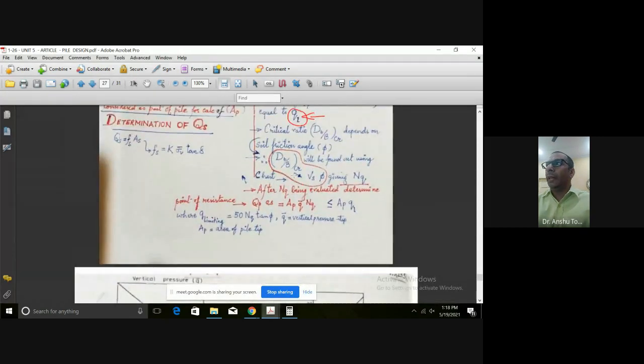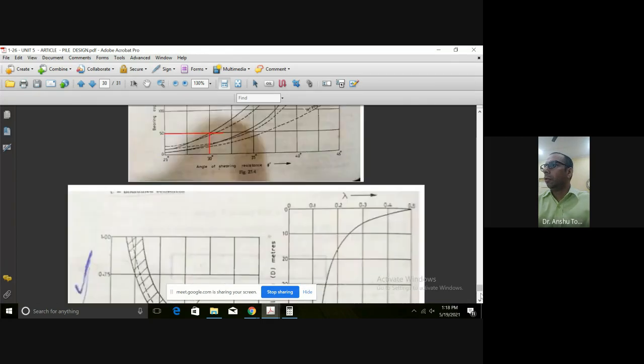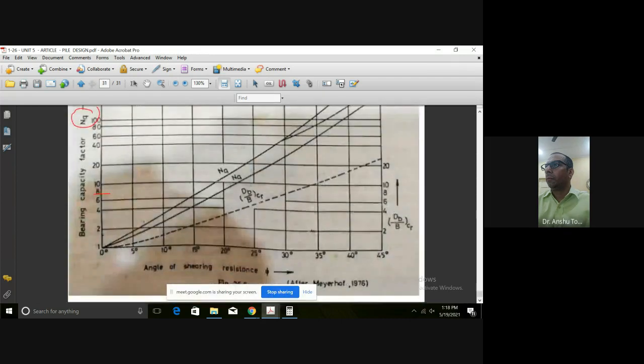After NQ being evaluated, for phi is equal to 30 degree, we have come here and we can get critical depth as 2.46, let us say 2.5. We have been able to interpret this.